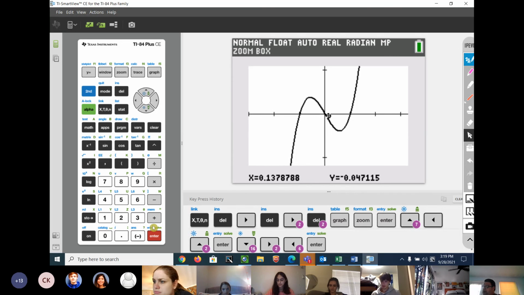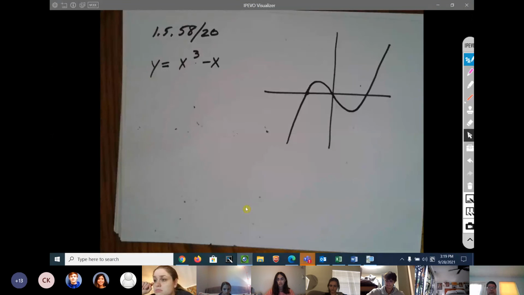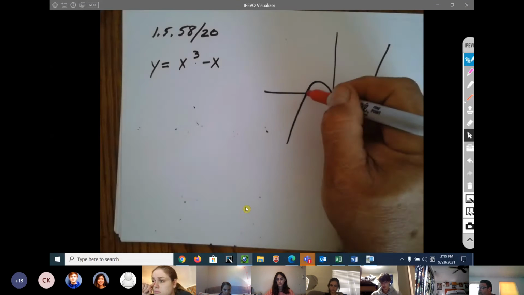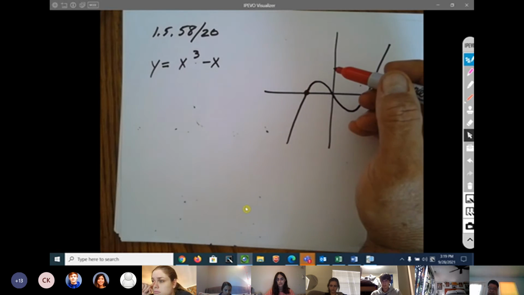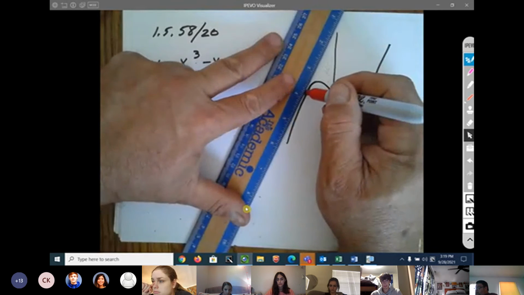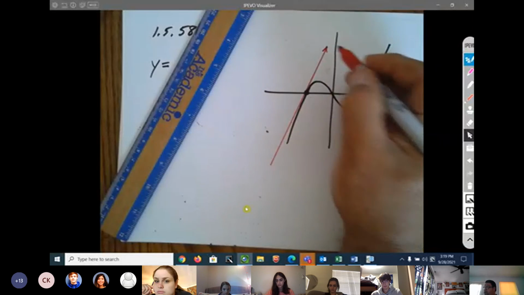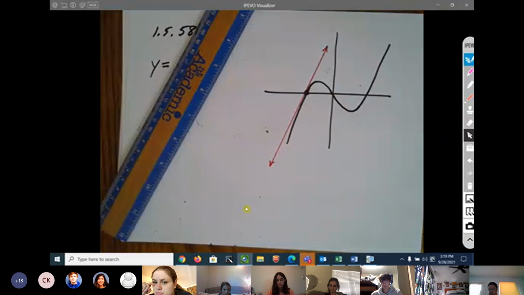So I'm going to go up like this. Here we go. And they want to find the point. They want to know the slope of this line at -1 and 0. Can somebody tell me a little bit about the slope of this line before we even start?